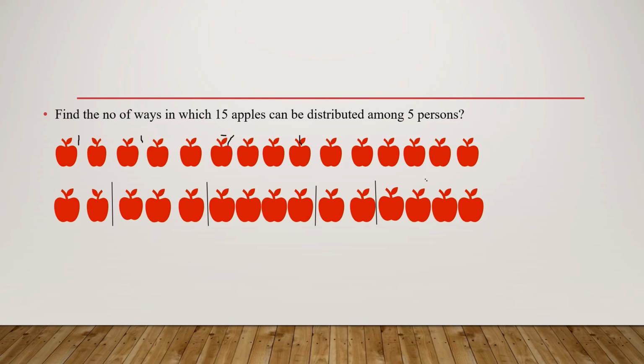This is one partition. So any way I can do this. Now this is like the number of ways of selecting 4 lines. That means out of 15 plus 4 things you have to select 4 lines, and this can be done in 19C4 ways. That is, from 15 apples and 4 lines, in total 19 things, you are selecting 4 things.